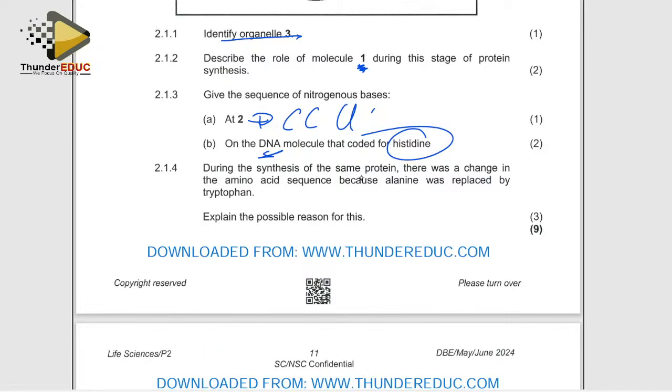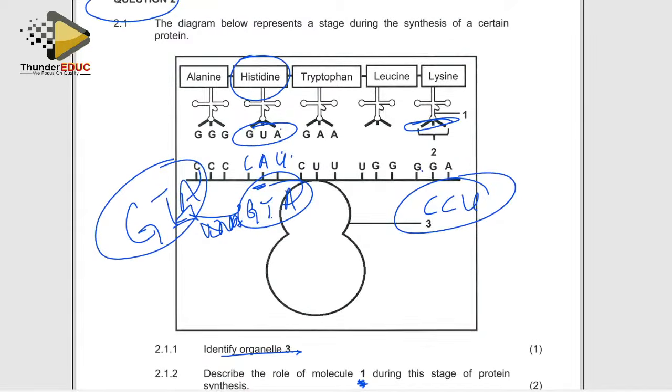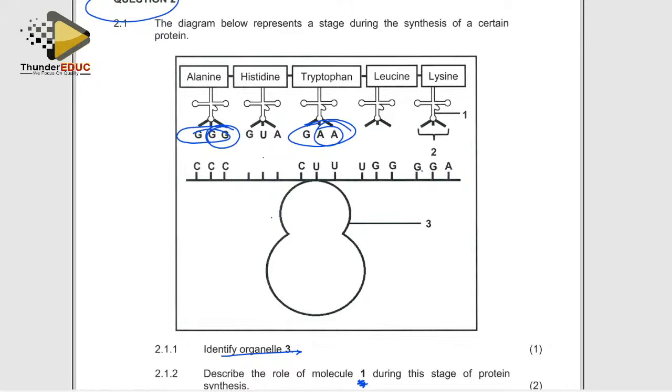During synthesis of some proteins, there was a change in the amino acid sequence because alanine was replaced with tryptophan. Explain the possible reason why this happened. Why was alanine replaced with tryptophan during the formation of messenger RNA? So now if you have GG, it's supposed to be CC. Now during transcription, instead of having CC, it came to CUU.